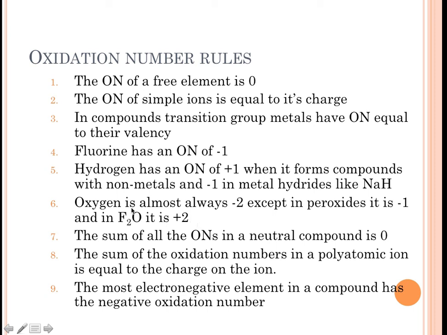Okay, so as we've been looking here, when the compound overall is neutral, has no charge, then all the oxidation numbers have to add up to 0. If it's a polyatomic ion though, something like sulfate, SO42-, then all the oxidation numbers have to equal that charge. So SO42- has to have an overall oxidation charge of -2.